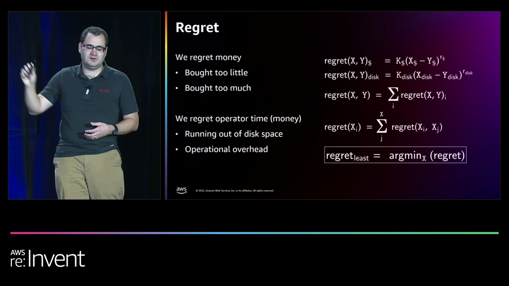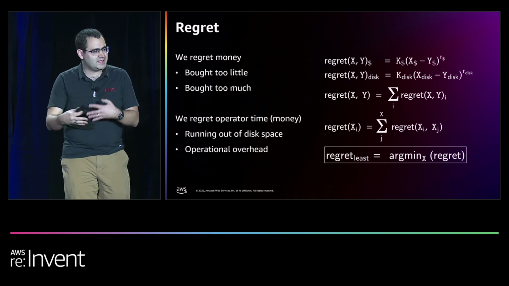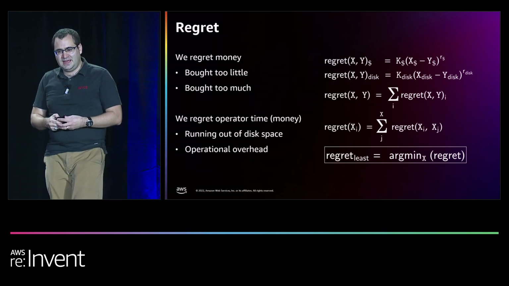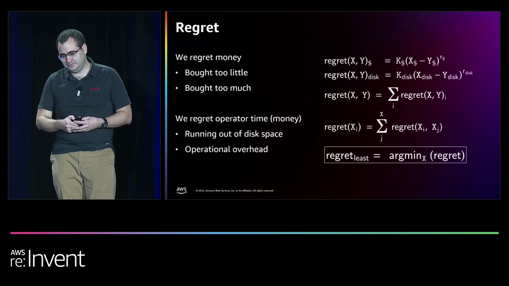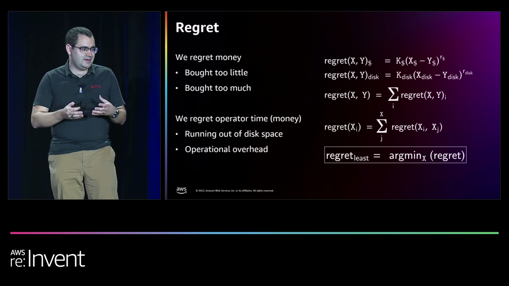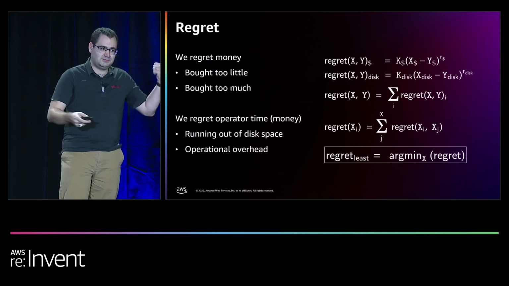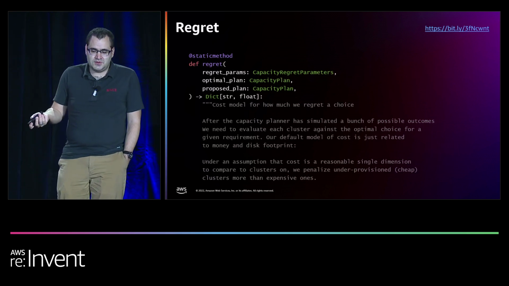So the parameterization of the regret function is tunable by the user of this library. Just like you can bring your own pricing and your own lifecycle, you can also bring your parameters of regret. How much do you care about over-provisioning? How much do you care about outages? And then the least regret is just the world which, when compared to all the other worlds, is the least regretful per this function. All right, so let's dive in and actually do some examples.